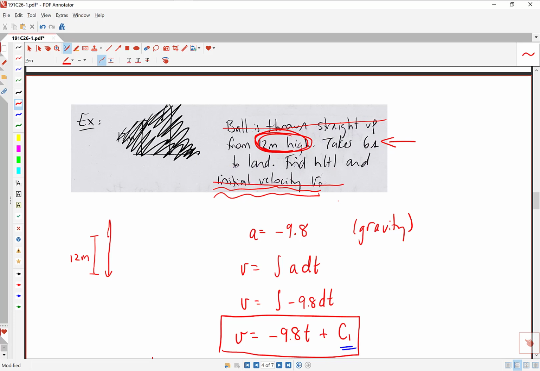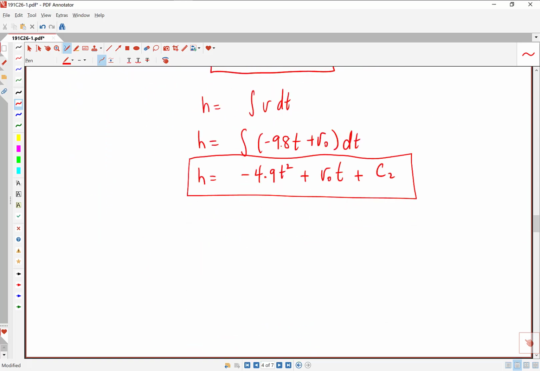Okay, so let's use the fact that this ball is starting from 12 meters high. So at time 0, height is 12. So 12 is equal to 0 plus 0 plus c2. In other words, c2 is, sorry, c2 is 12 is what we figured out there. So let's sub that in and we get our formula for h.